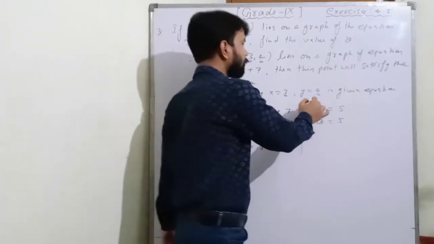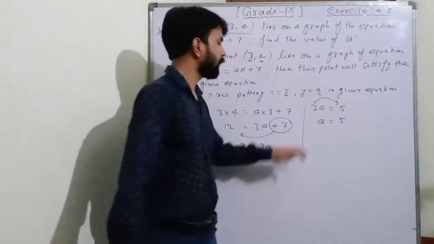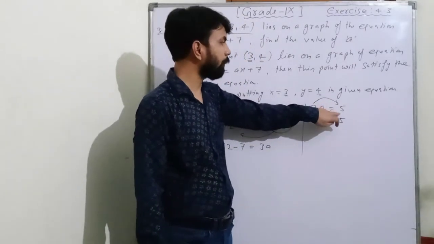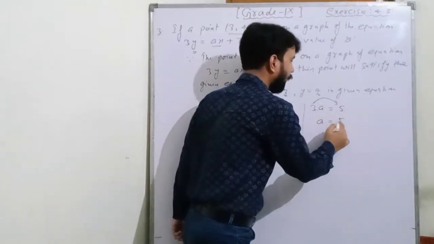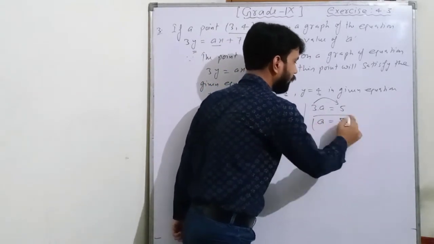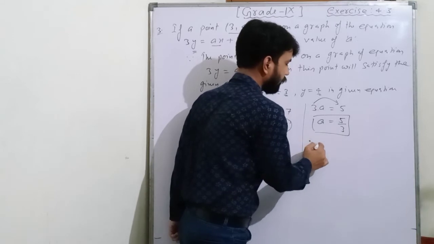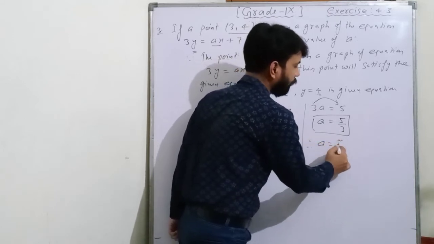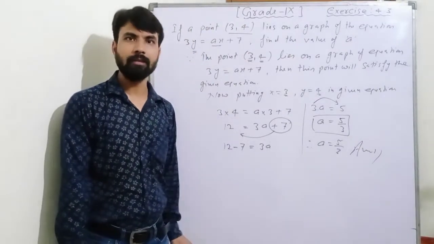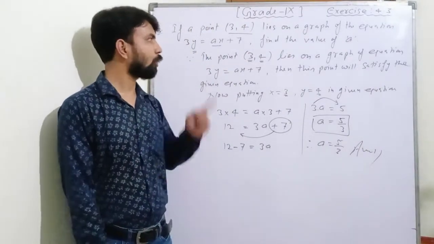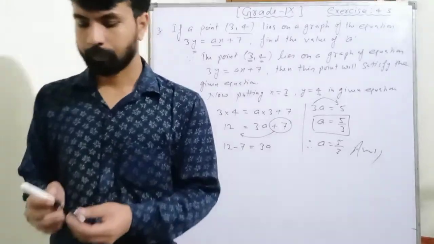So if we will shift this 3 in right hand side, then this 3 will move in the denominator of 5. So a equals to 5 upon 3. So the value of a, hence a equal to 5 upon 3. This is our answer. Is it clear? Good. So students, pause the video and note it fast.